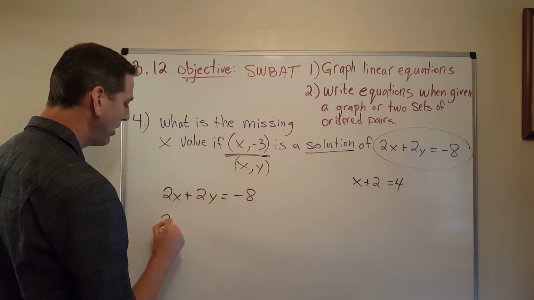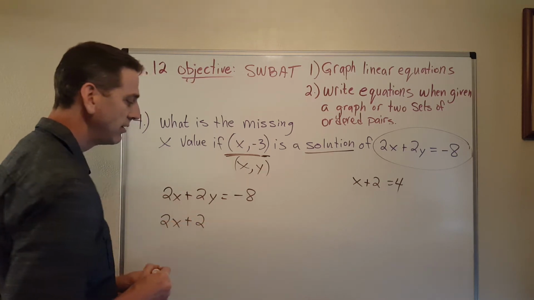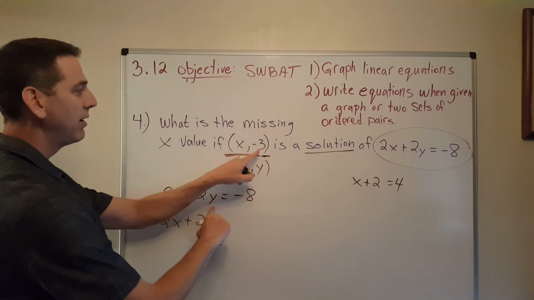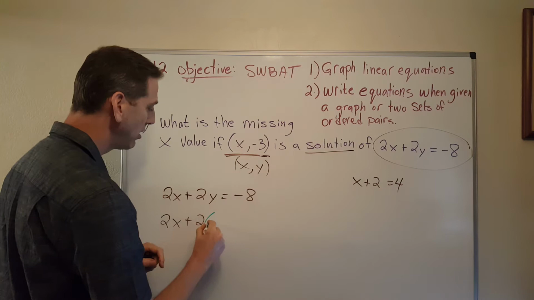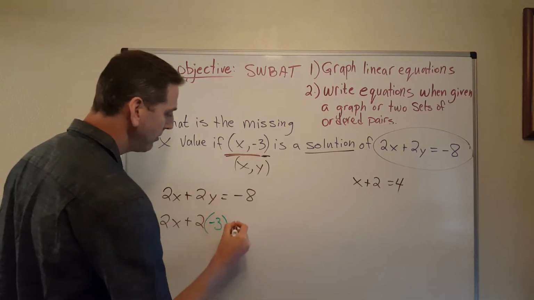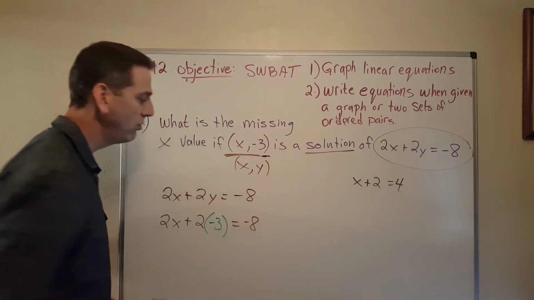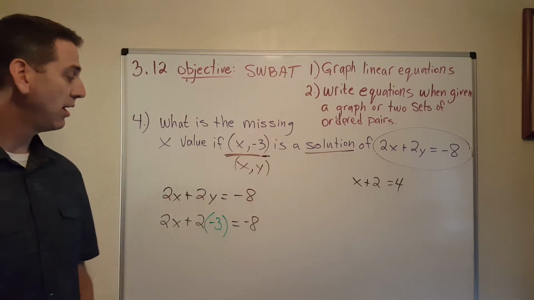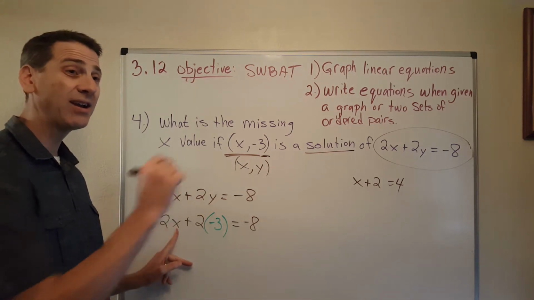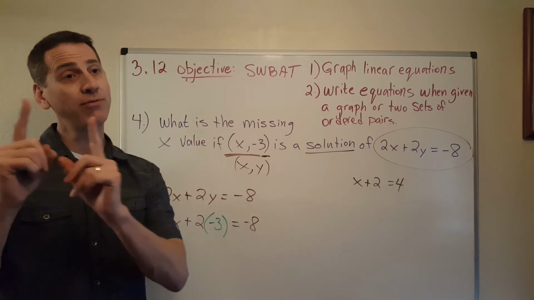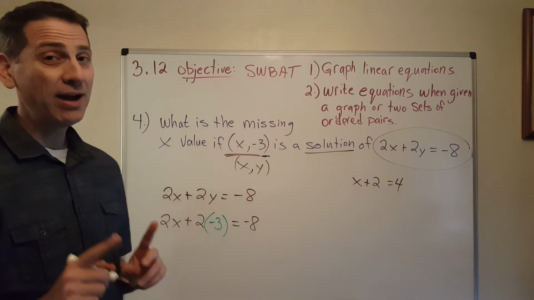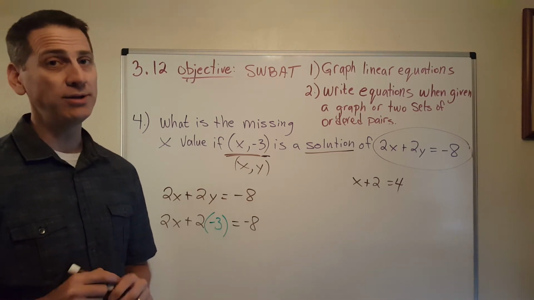So I'm going to substitute in a negative 3 for y, and that's going to be equal to negative 8. If you look, I have one equation and one variable. I can solve for one variable if I have one equation. By the way, if I have two variables, I need two equations.